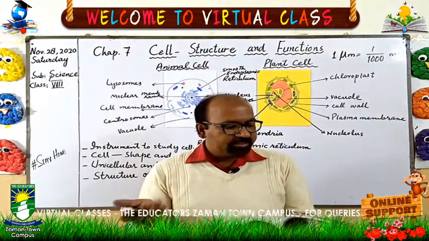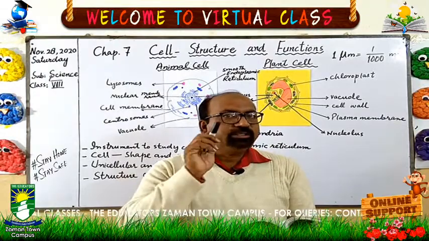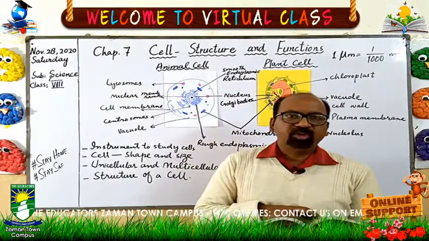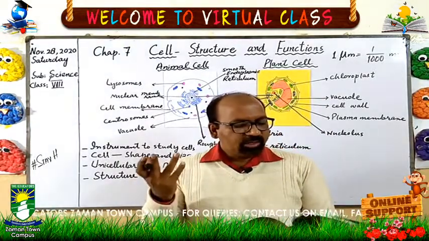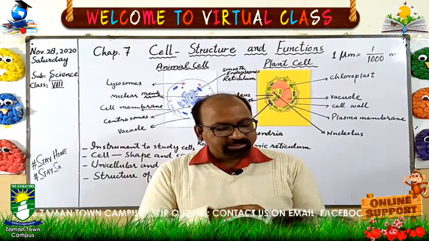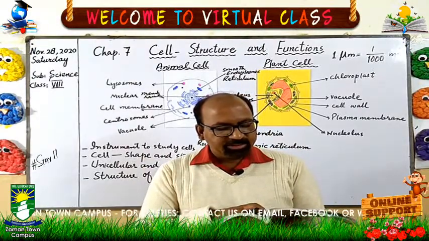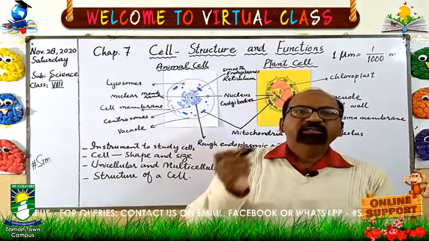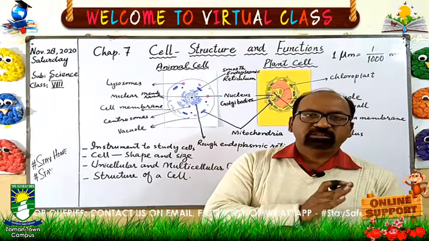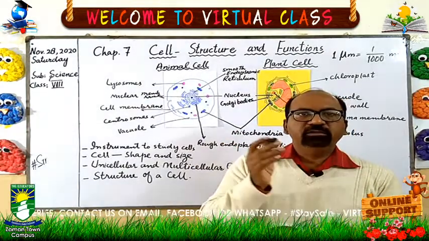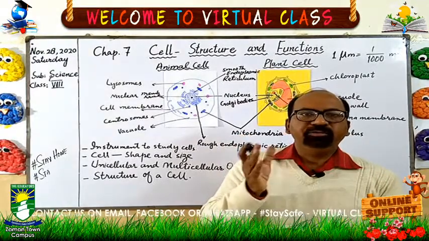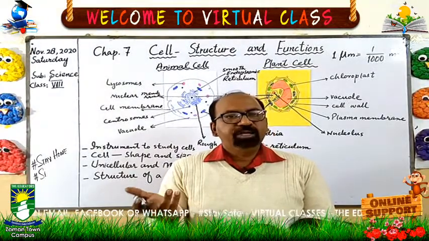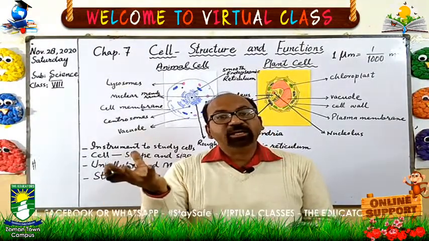Green algae are also unicellular microorganisms, and their size is 10 centimeter. And an ostrich egg is also a cell, so its size is 170 millimeter. So the sizes of the cells vary. Some are very small, and some can be seen with the naked eye as well. Like the ostrich egg, we can see it, but the egg itself is a cell.